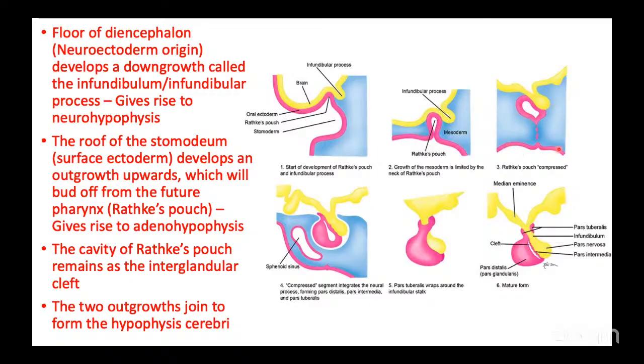Rathke's pouch will separate from the stomodeum, and that will form your anterior pituitary. The cavity will form your median cleft. And then your infundibulum will form the neurohypophysis and the infundibulum, as you can see here. Right? So together, that's the hypophysis cerebri, and that's the development of the pituitary gland. Very simple to understand this one.